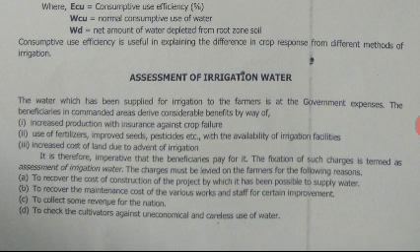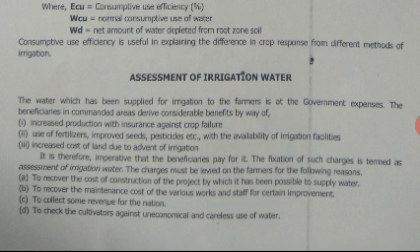The charges must be levied on the farmers for the following reasons. The reasons are to recover the cost of construction of the project by which it has been possible to supply water. Second point is to recover the maintenance cost of the various works and staff for certain improvement.